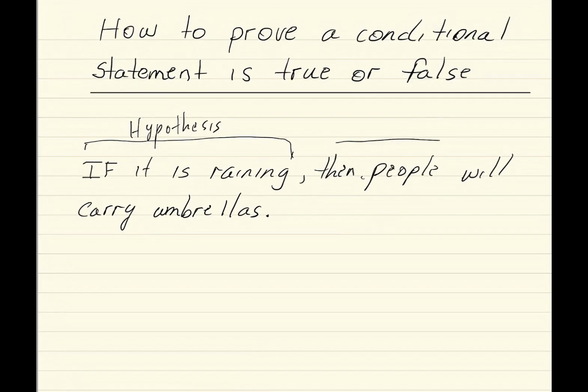And the rest is the conclusion. So to prove that a conditional statement is true, you have to prove that every time the conclusion is true, the hypothesis is true. So I'll just write it down here.